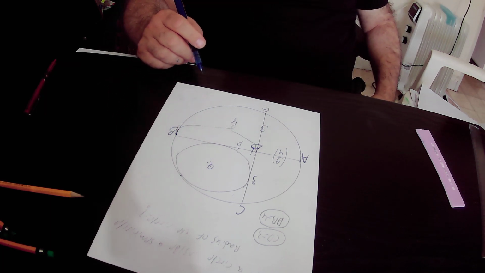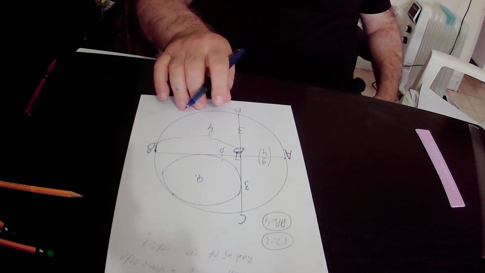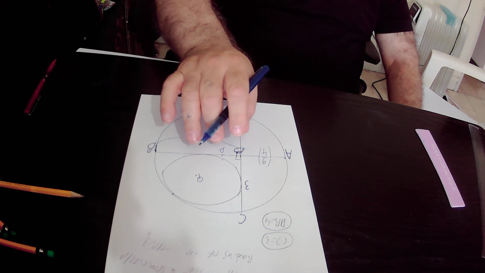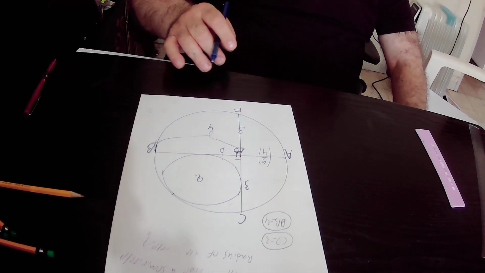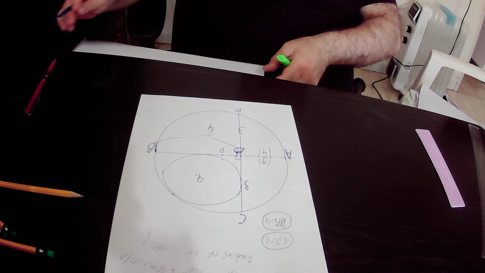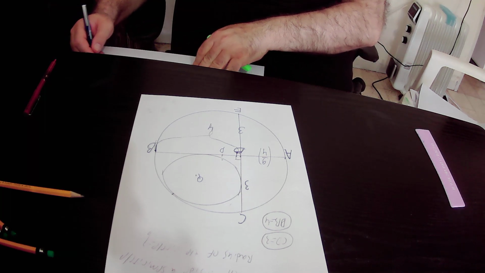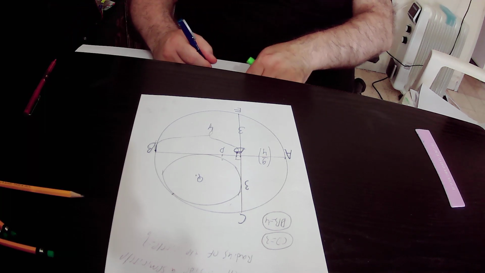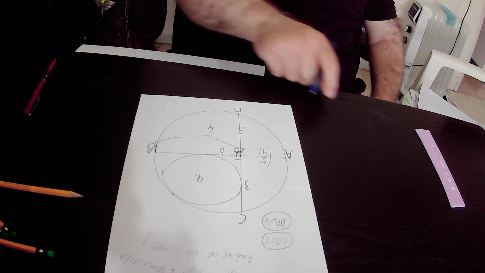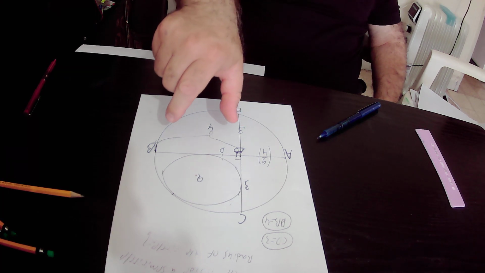So, what is the length of the small line segment DP? From the drawing, it is very easy to see that the length of the small line segment DP will be equal to DB minus PB.